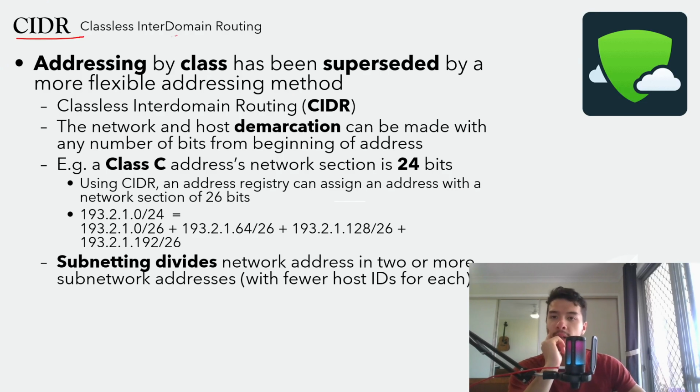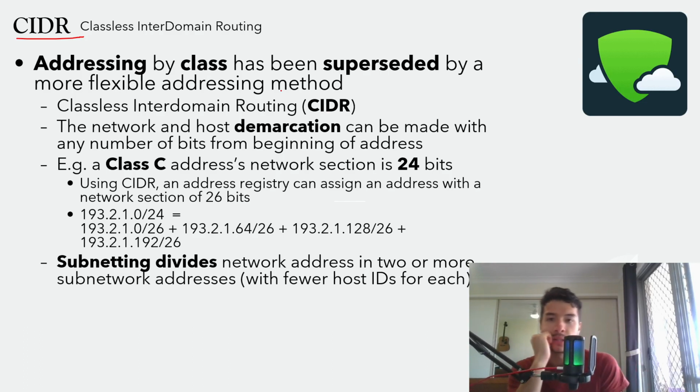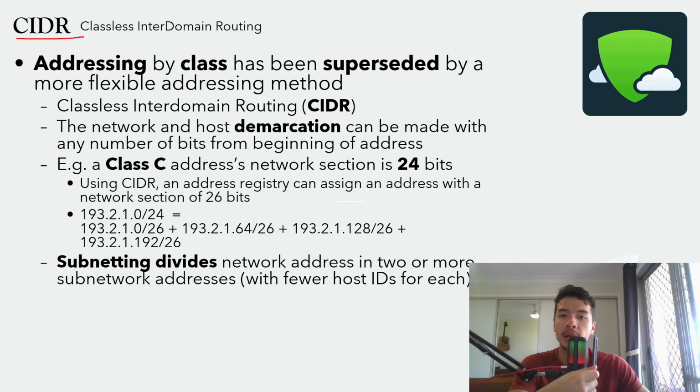So CIDR, classless interdomain routing. Addressing by class has been superseded by a more flexible addressing method, classless interdomain routing, CIDR. The network and host demarcation, interesting word, can be made with any number of bits from the beginning of the address. Example, a class C address network section is 24 bits.